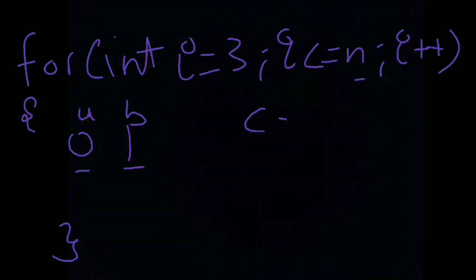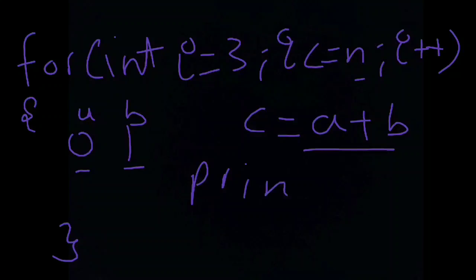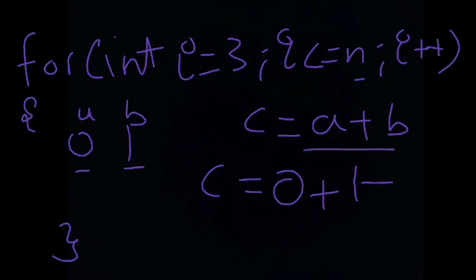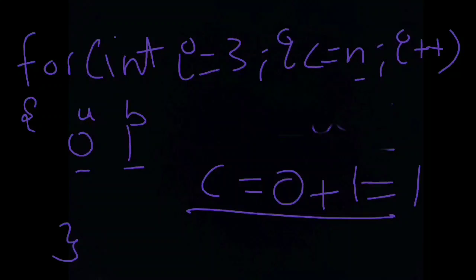Now see what is happening. I'll write c = a + b. So what will happen on writing this? My third term will be printed. So first I'll do c = a + b, and then I'll print c. This is pretty much it. This is clear to you, that c will have the value of 0 plus 1, that is 1, and on printing c, 1 will be printed.